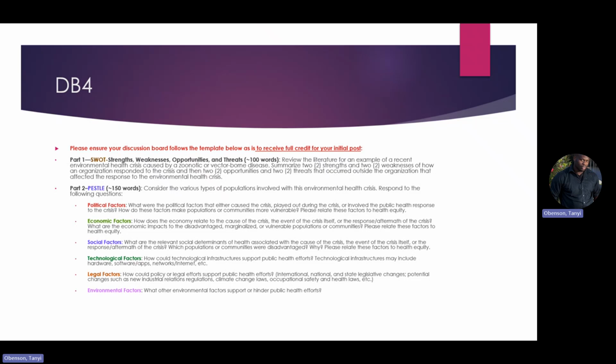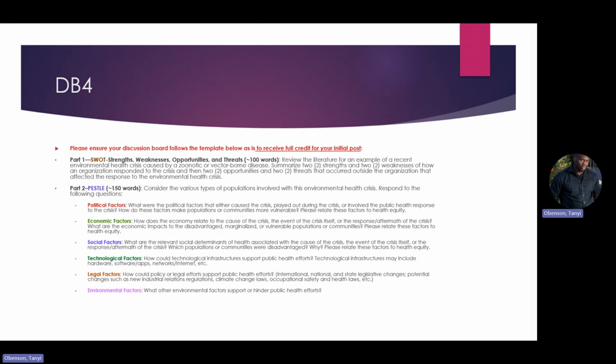Part 2, you're going to do a PHE analysis: political factors, economic factors, social factors, technological factors, legal factors, and environmental factors, about 150 words. Consider the various types of populations involved with this environmental health risk and respond to the following PHE questions. Political factors, what are political factors that cause this crisis? Economic factors, how does the economy relate to this crisis?